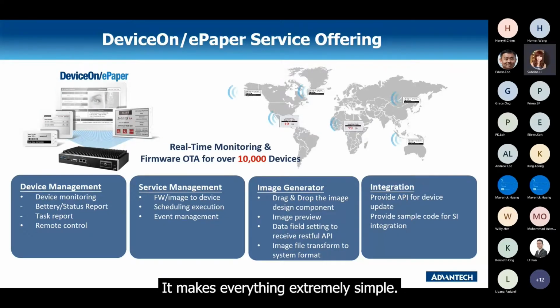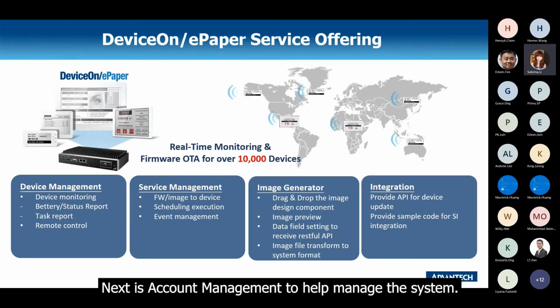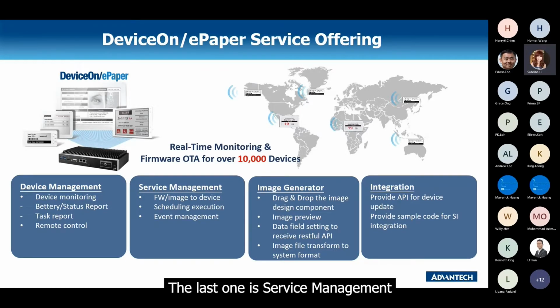It makes everything extremely simple. The next is account management to help manage the system. The last one is service management to provide automatic image delivery and firmware upgrade over the air.